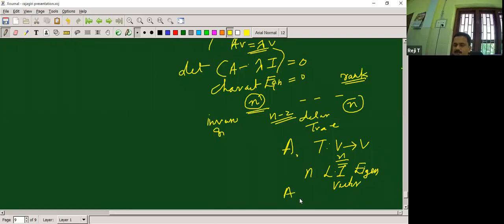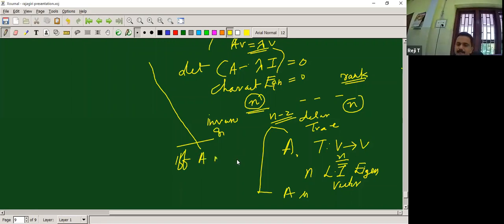This all follows from the definition only. So the definition of eigenvalues gives rise to this: a matrix A or a linear map T from V to V of dimension n over R is diagonalizable if and only if A has n linearly independent eigenvectors.